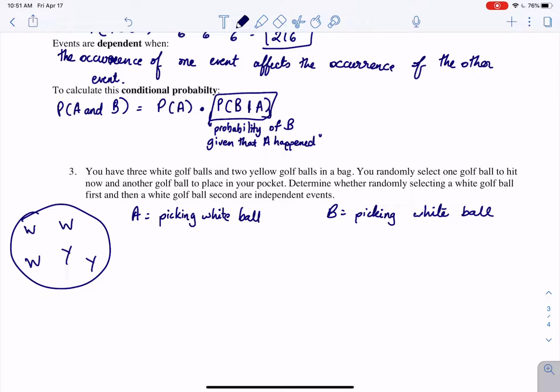If A happens, the probability of A is 3 out of 5 balls. If I pick any of these white balls, I have 3 options out of 5 total options. And this next one is after picking a white ball for A.